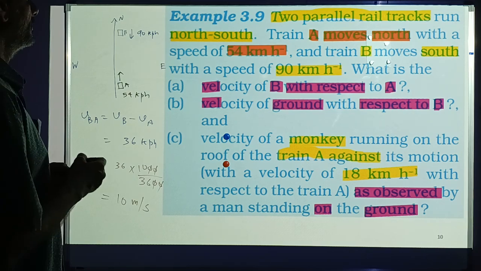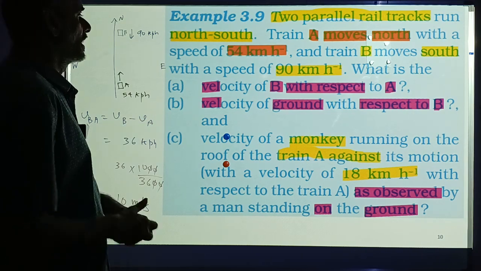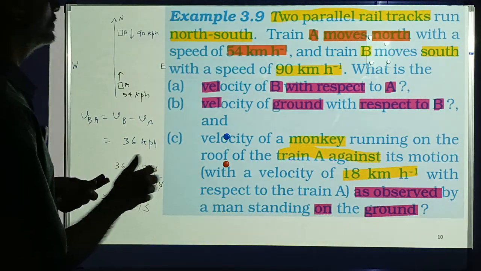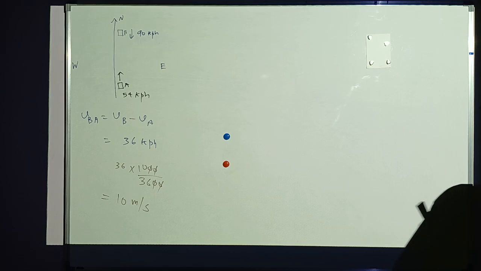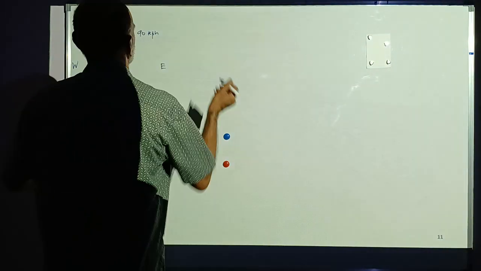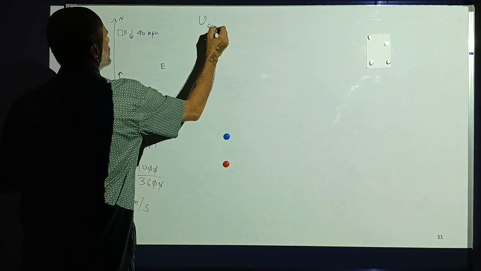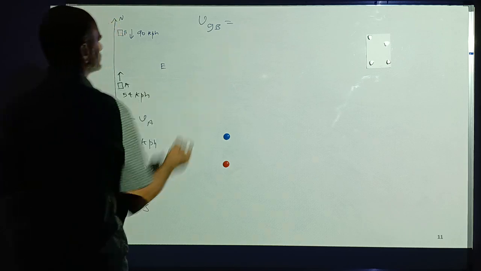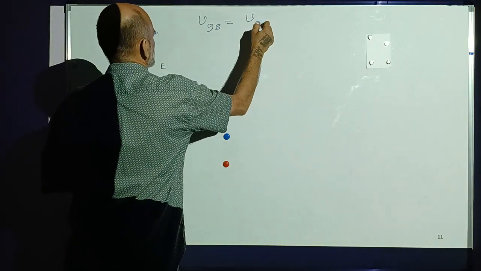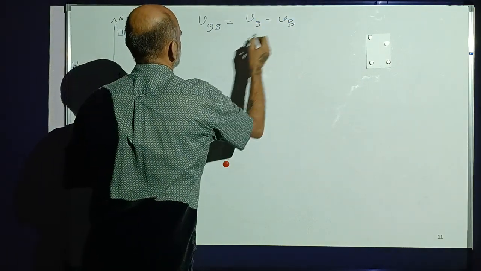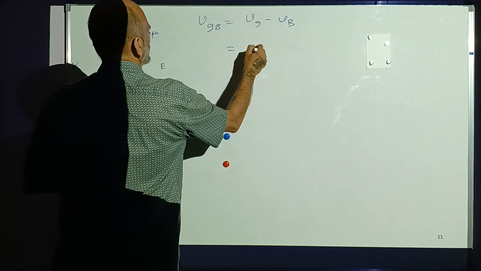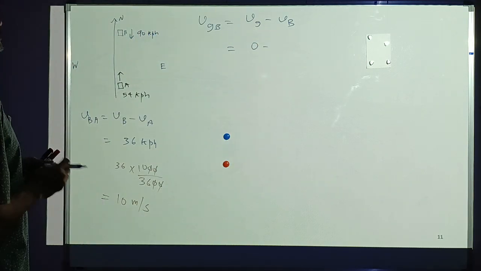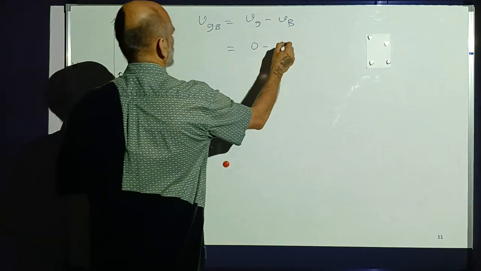And now part B of the question, velocity of ground with respect to B. Velocity of ground with respect to train B, by definition, is velocity of ground minus velocity of train B. Ground is not moving, and velocity of train B is 90 kilometers per hour.